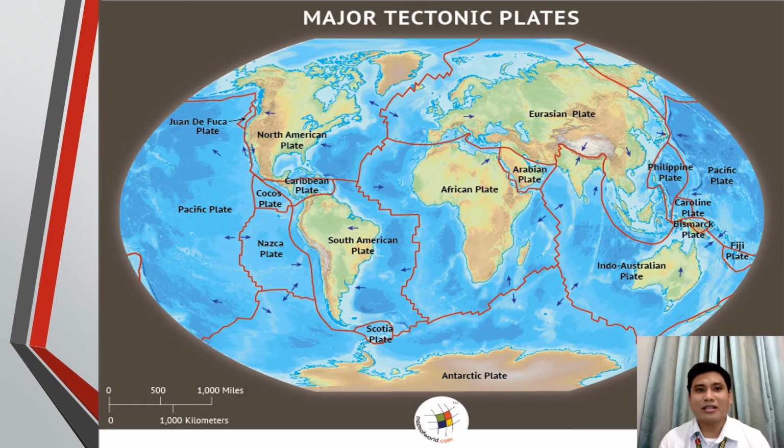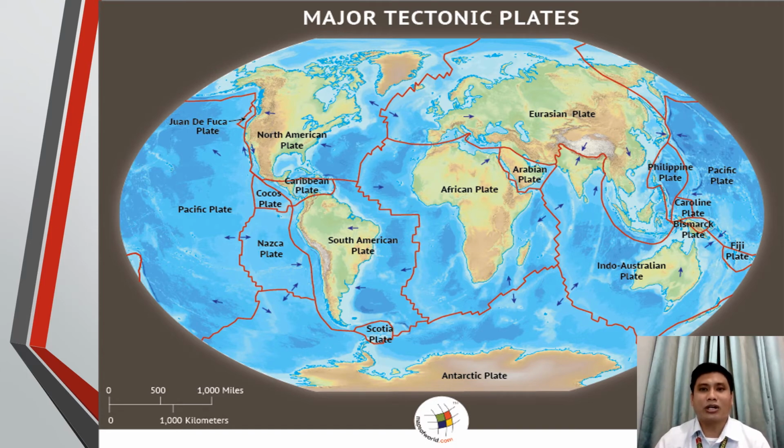In this next picture, you can see there again the major tectonic plates. And these major tectonic plates, they have boundaries between them. And as I have mentioned a while ago, there are three types of plate boundaries: the convergent, divergent, and transform plate boundary.